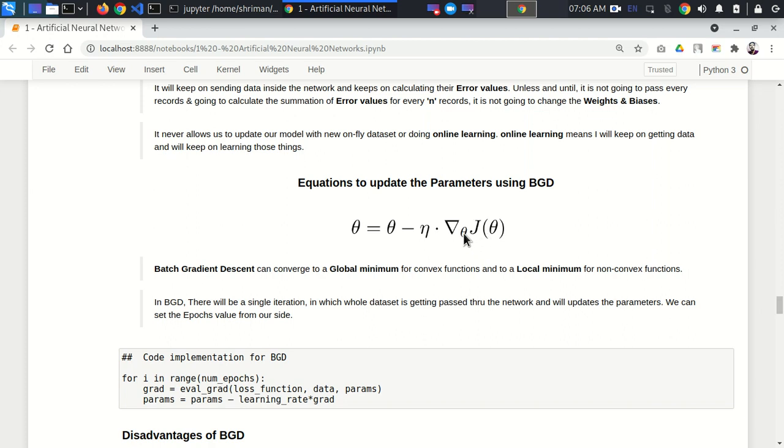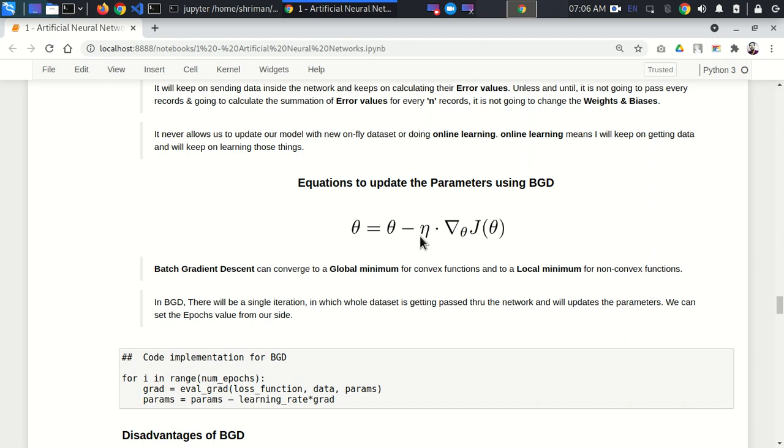Now this will be delta theta. Delta theta means the differentials of this cost function. We calculate the differentials of the cost function and multiply them with our learning rate, eta. This eta is the learning rate which controls the learning, controls the updates.